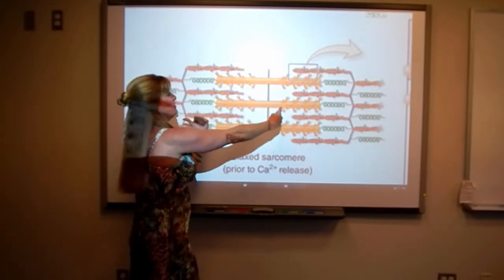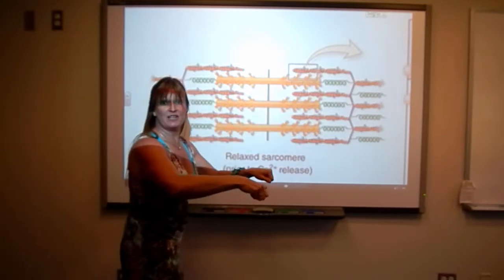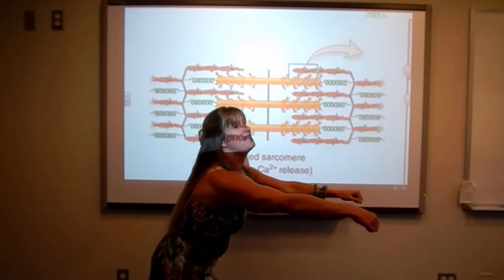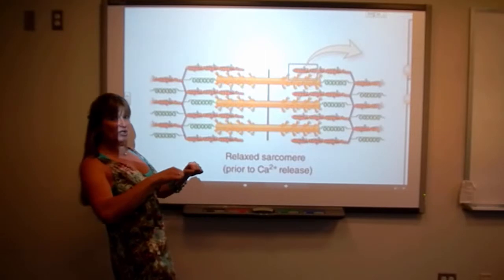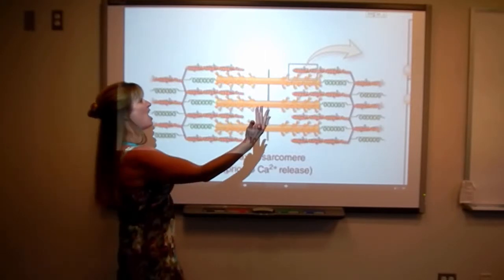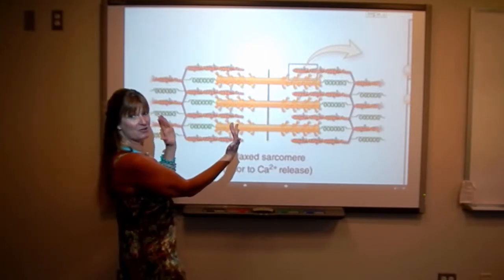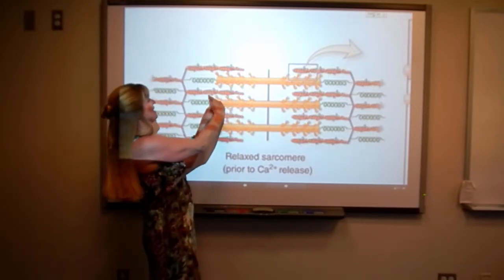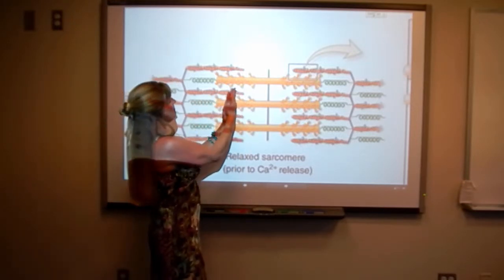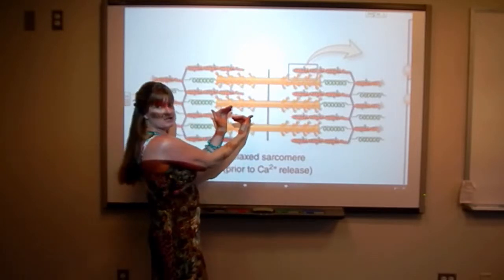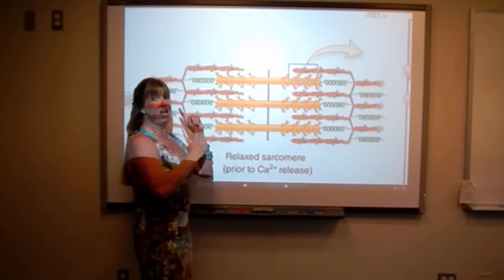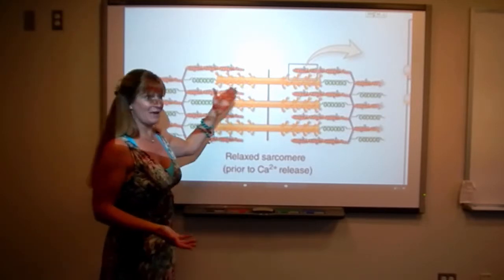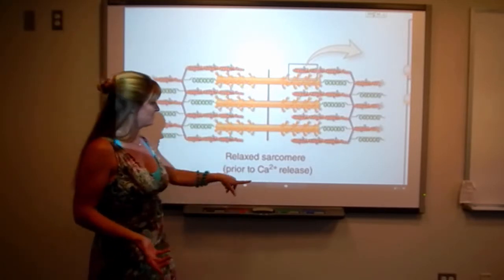So as the rowers have their oars in the water, they reach and the oars are attached to the actin and they row and they pull along those actin filaments, thus drawing the Z discs closer together. So imagine that these myosin heads are attaching to the actin and using a power stroke to draw the ends closer together. Now, it's time to really take a look at how calcium is involved in this whole situation, right?